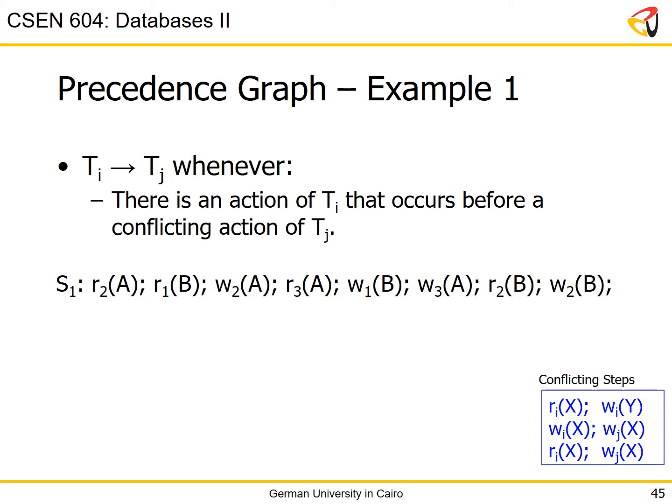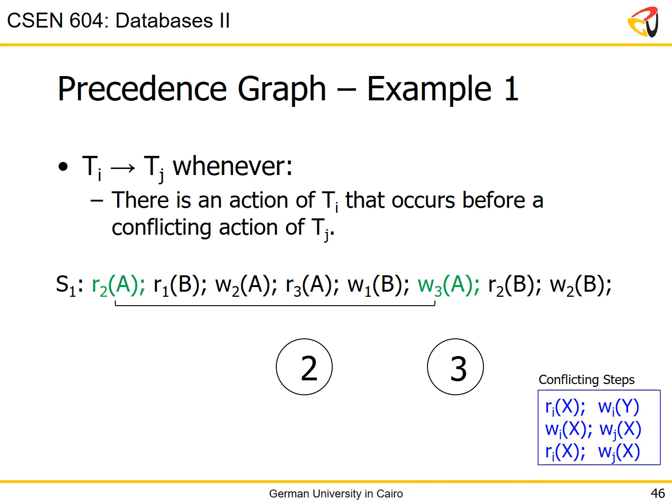The question now posed is: is this conflict equivalent to some serial schedule? To answer this question, we will create a precedence graph. To construct the precedence graph, we have to scan this schedule for conflicting steps. So if you look at these at the bottom right, you're going to try to find out where they are. I can point you now to one.